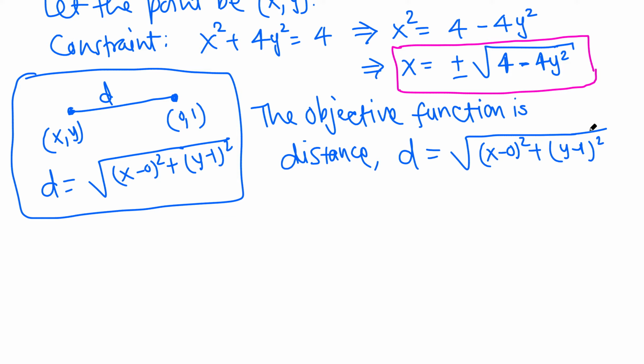Instead of working with a square root, we can just maximize the function inside this radical sign. If the inside function is maximized, then square root of that will be maximized as well. I mean, we can work on this, but it will be more complicated because of a square root.